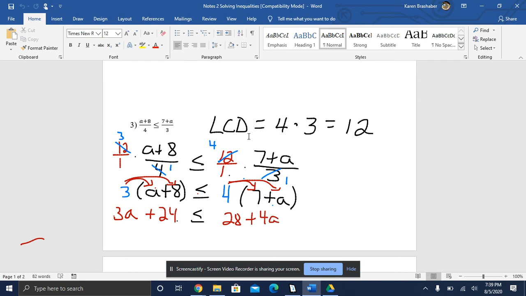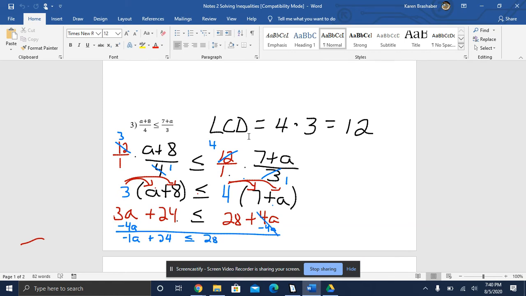So we want to continue by getting the a's on the left side. I'll do that with subtraction. I'm going to subtract 4a from both sides of the inequality. That's going to give me negative 1a plus 24 is less than or equal to, this is zeroed out, and we have 28.